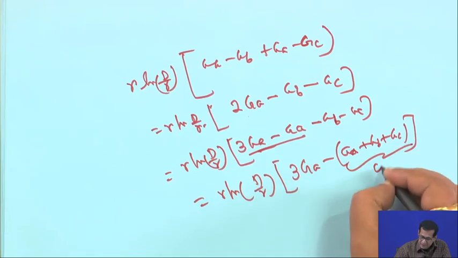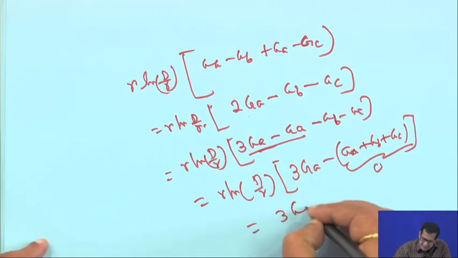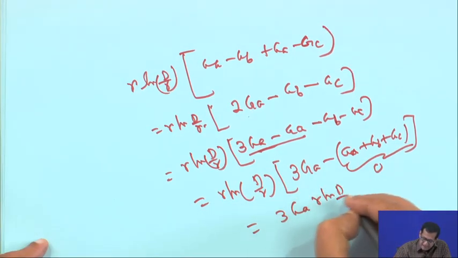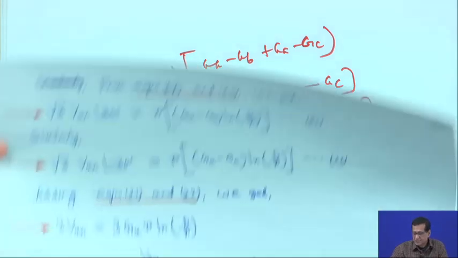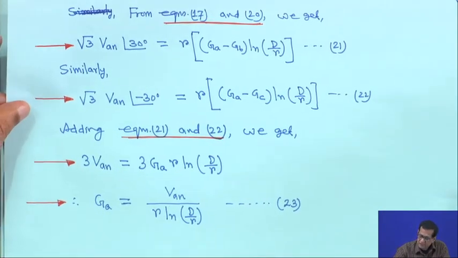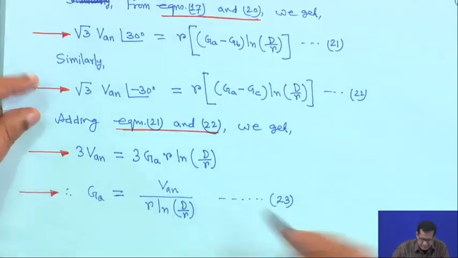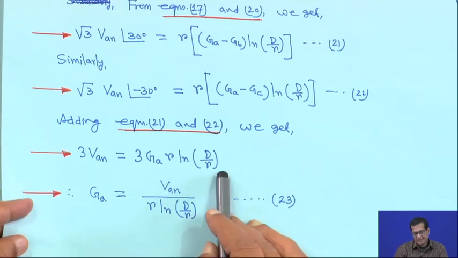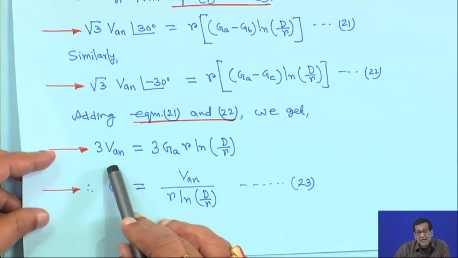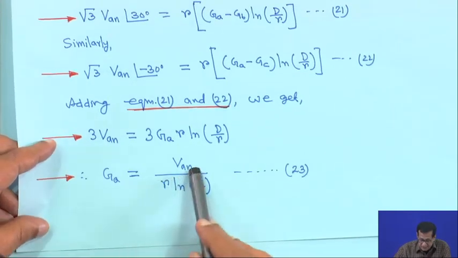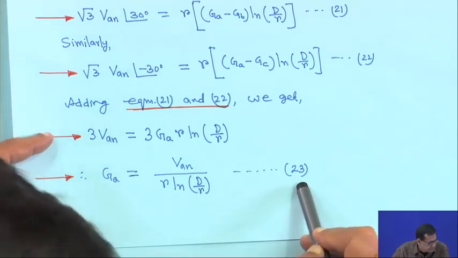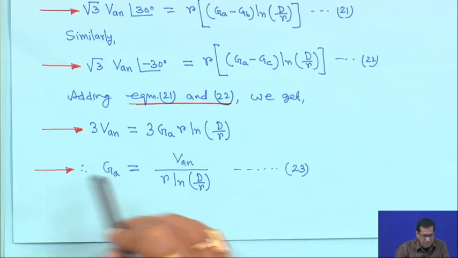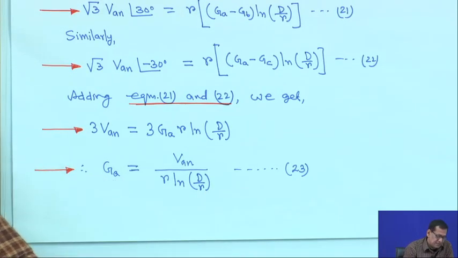So, this term is 0, that is why it is 3 Ga R ln d upon R. That is why 3 Vn is equal to 3 Ga R ln d upon R. So, 3 will be cancelled, and therefore, Ga is equal to Vn upon R ln d. This is equation 23. This is for phase A conductor, right, Ga, potential gradient.